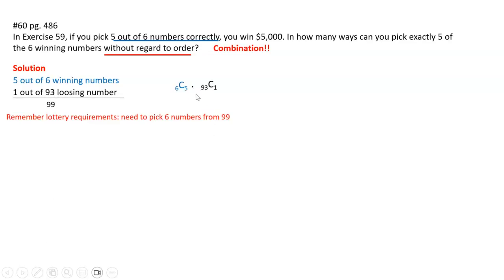Remember that the outer, the first numbers must equal 99, because there's 99 numbers. And the ones to the right, 5 and 1, must equal the 6. Okay. So we multiply them out. 6 combination 5 will be 6, and 93 combination 1 will be 93. So multiply them out. So you got 558.